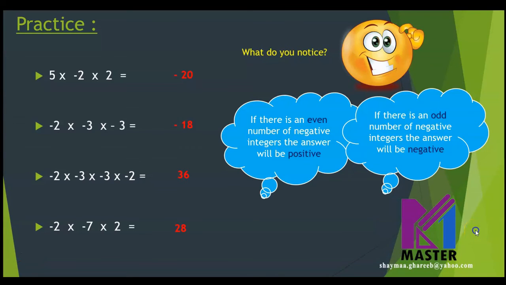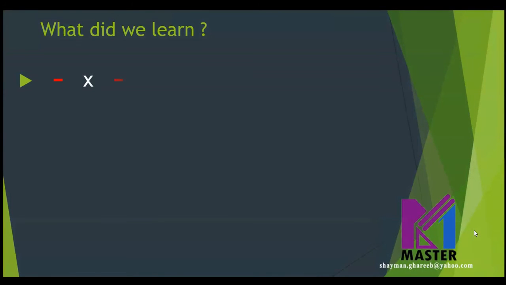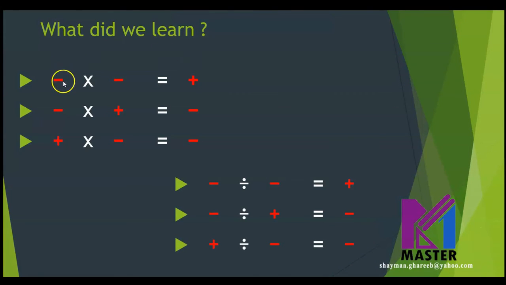Now let's sum up what did we learn today. We said when we multiply or when we divide two negative integers, the answer is always positive. When we multiply or divide one negative integer with one positive integer, the answer is always negative.